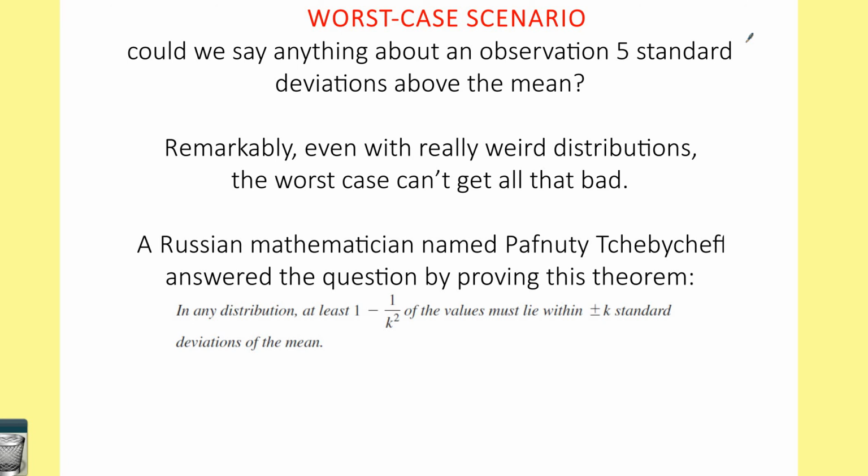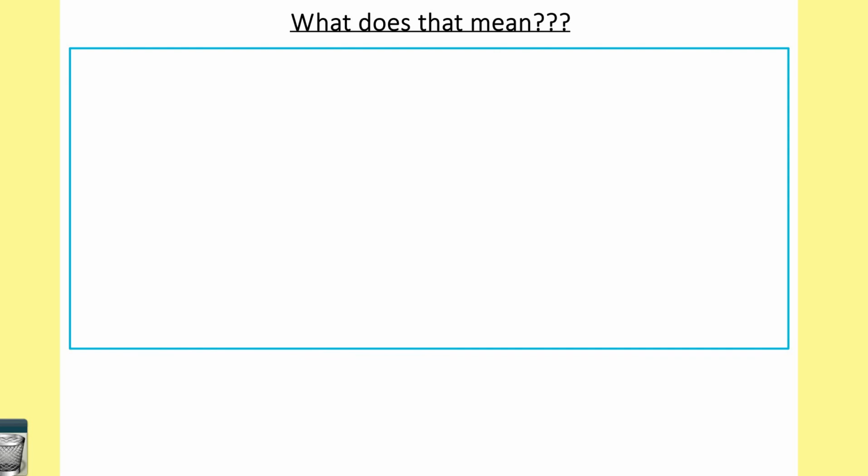What does that mean when I get that? What's the likelihood of that? A Russian mathematician played around with this theorem about what are the chances of us having a data set that far with that kind of standard deviation. So let's do an example.